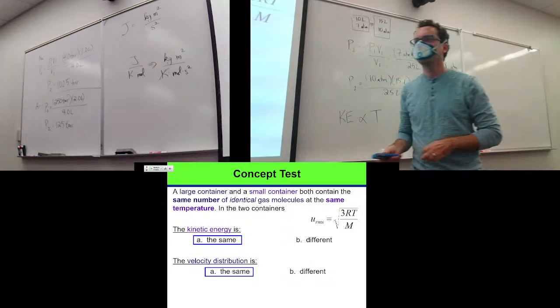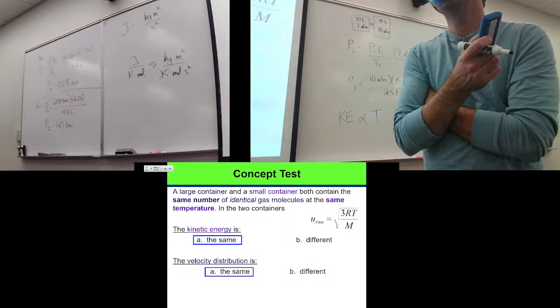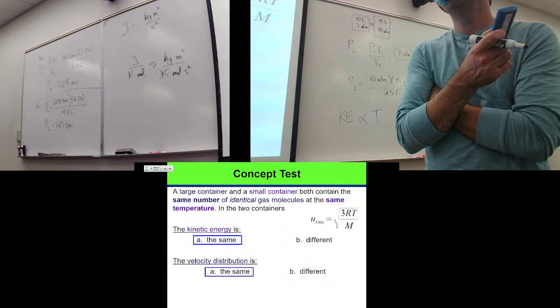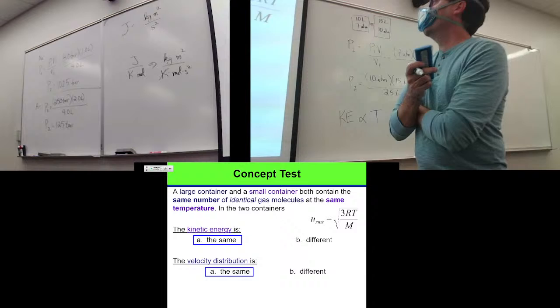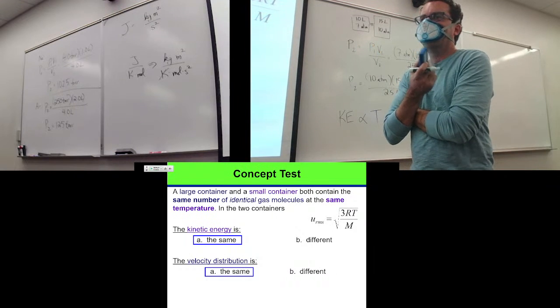Yes? So, the square root stuff, what kind of questions of that should we expect on the exam? What's the root mean square speed of oxygen at 300 Kelvin? Something like that.